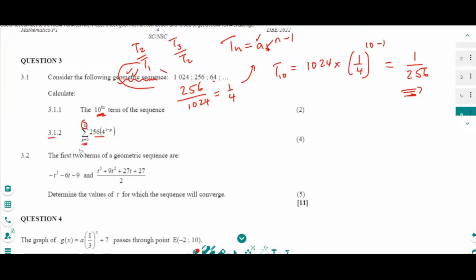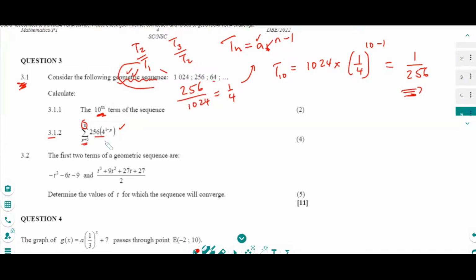So whenever they ask you to calculate with this sigma, we need to find the sum of the terms from the point where p is 0 up to the point where p is 8. Now, what we need to know is whether this is geometric or arithmetic. But since this is under 3.1, it's automatically geometric.